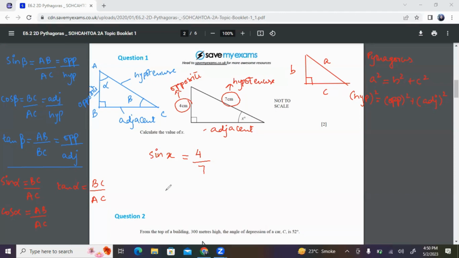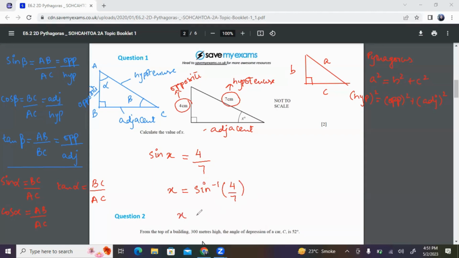34.85. When I say sine inverse, what I mean is that when we take sine, cos, or tan from one side to the other side, on the other side it becomes the inverse. So we write x equals sine inverse of 4 divided by 7.